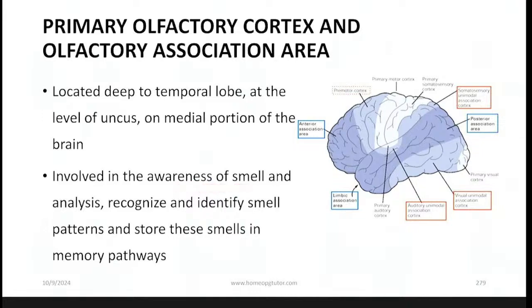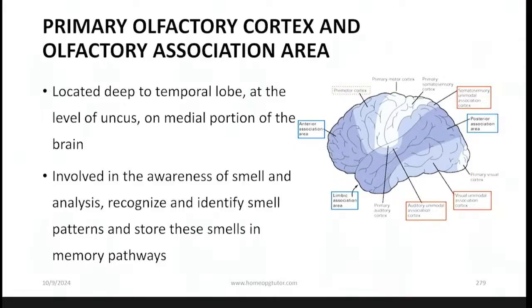All this time we were talking about the auditory one, now we are talking about olfactory. So basically they are involved in the awareness of smell. And when there is a smell, they are going to analyze it, recognize it, and again, the same thing, identify the smell pattern. Okay, and also if it is a new one, they are going to store these patterns in the memory pathway. Okay, very simple function.